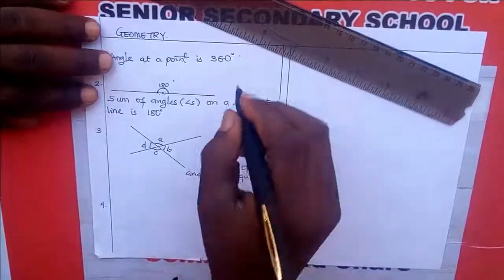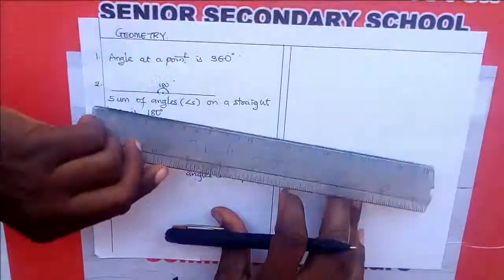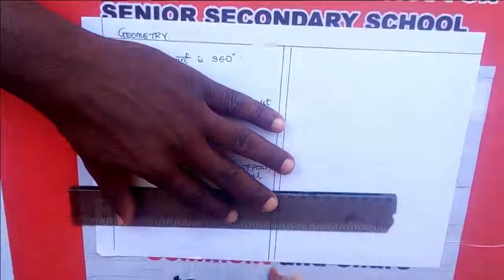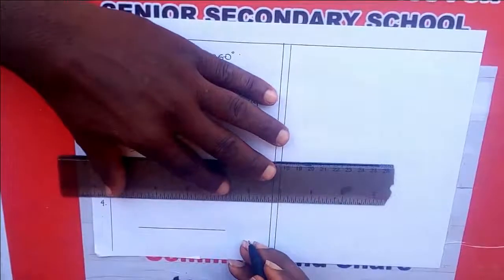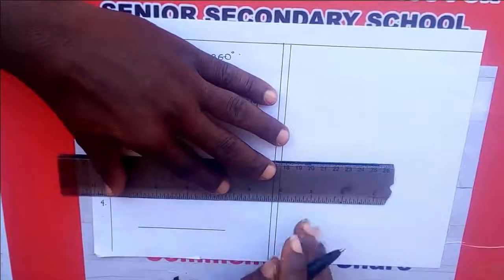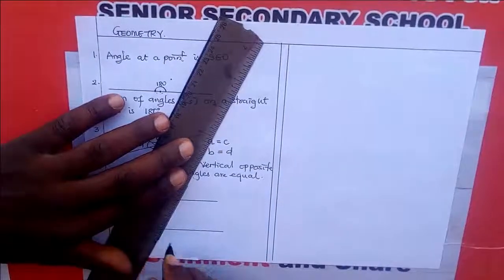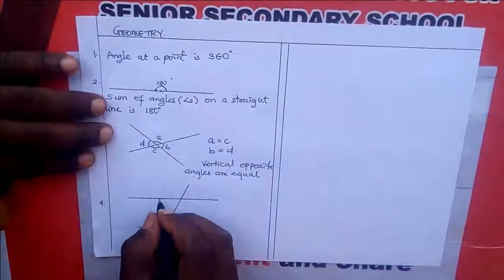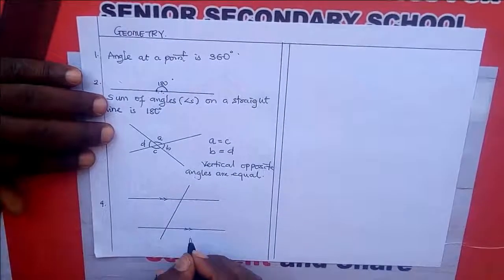When we have two parallel lines and a transverse drawn across those two parallel lines. So having two parallel lines drawn like this, and a transverse like this, this line segment here is parallel to this line segment.